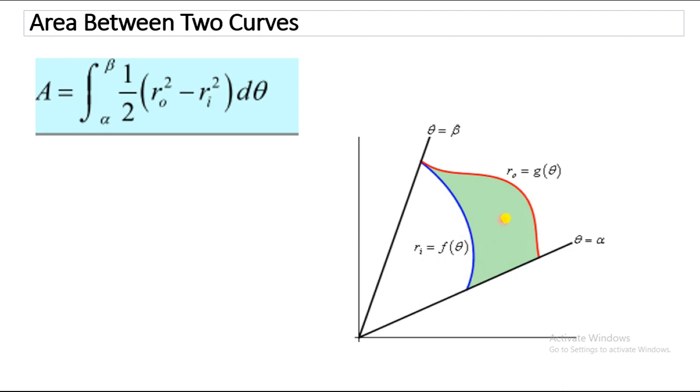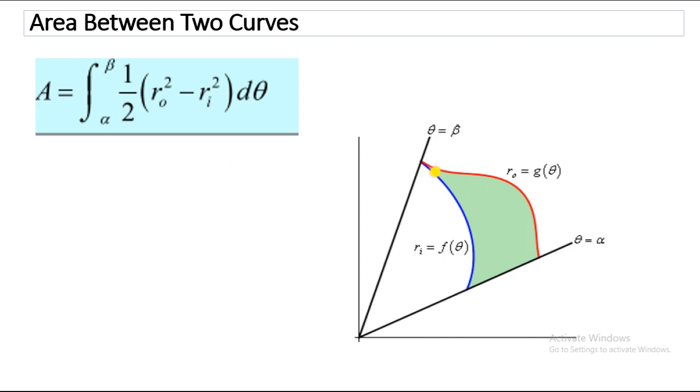The area between two graphs is integration from alpha to beta of half multiplied by r square o minus r square i d theta.